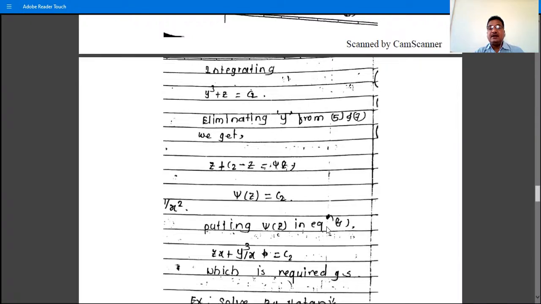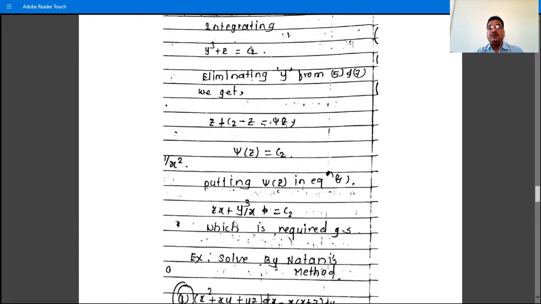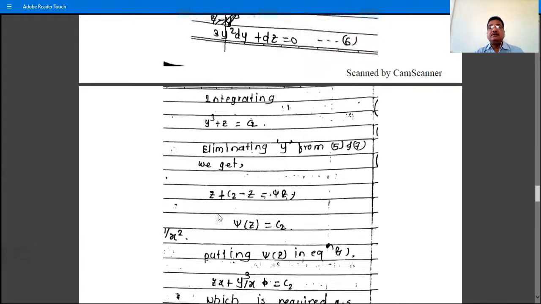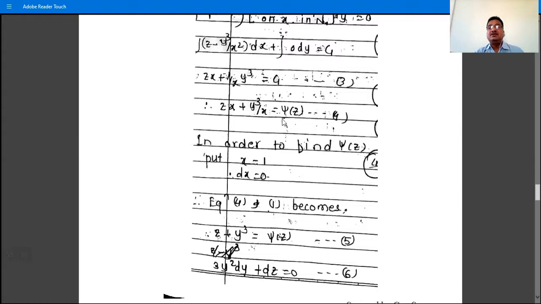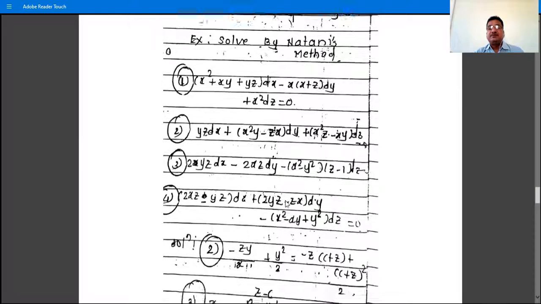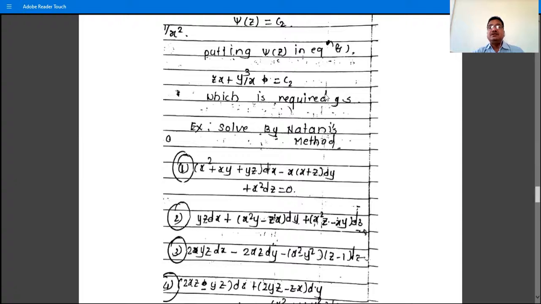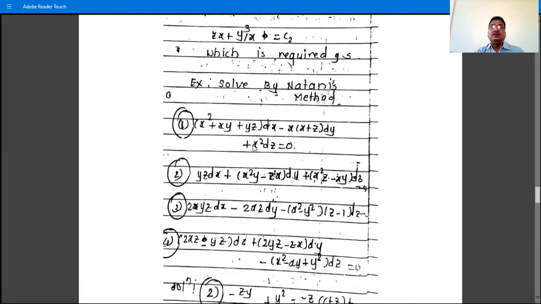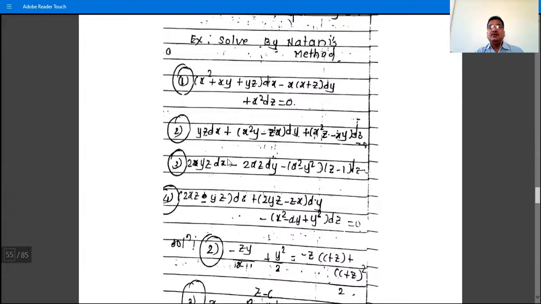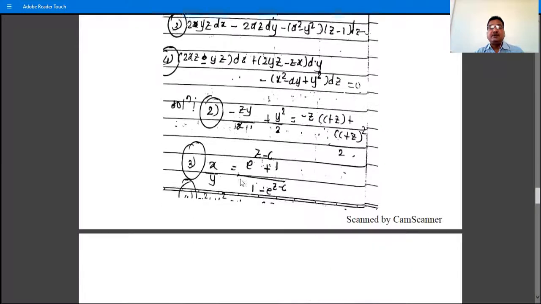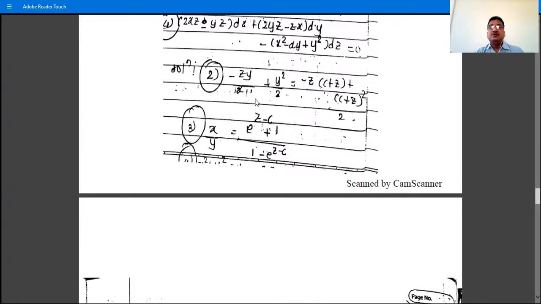Then put psi z as c2 in equation number 4, and we get the general solution, that is zx plus y cube by x is equal to c2, which is the general solution of the given differential equation. So these are some examples on Natani's method for homework or assignment. Solve these examples by using Natani's method. Their solutions are given.